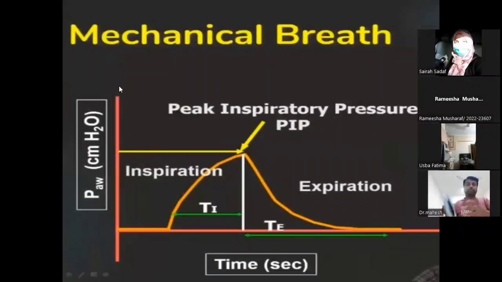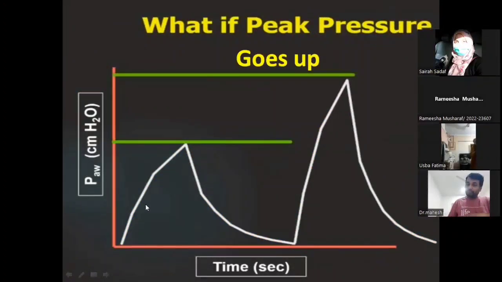Okay, now comes the most important part. Normally, the normal value we set on the ventilator is around 30, sometimes 35, but usually it's 30 centimeters of water for the PIP or the airway pressure. What if it goes higher? What if it goes higher?